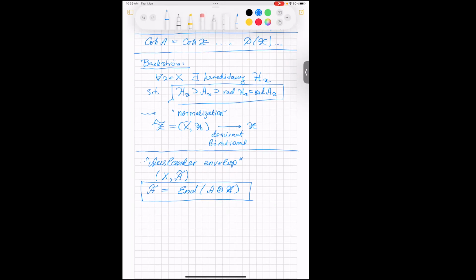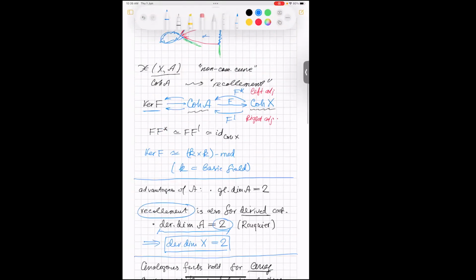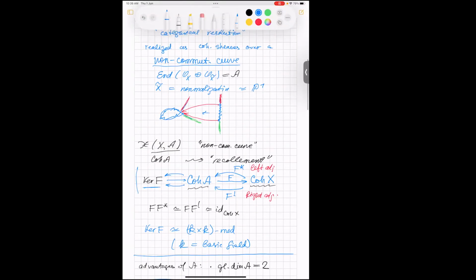Then, again, we have a functor, just as above, of this sort.